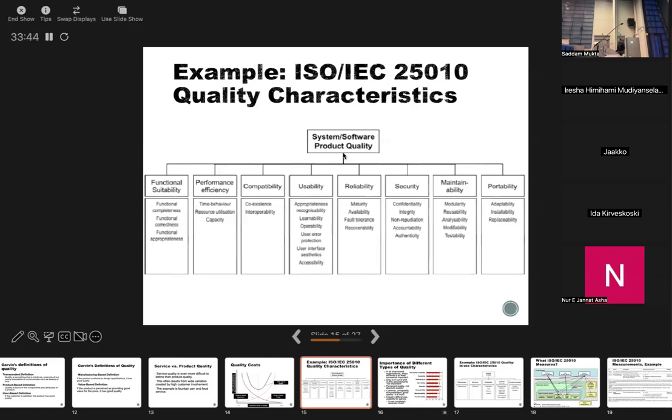Can you think how to distinguish these three things? Completeness, correctness, and appropriateness. We definitely understand functional means whether a software is functional in terms of the desired features of that software. So how do you define completeness, correctness, and appropriateness?